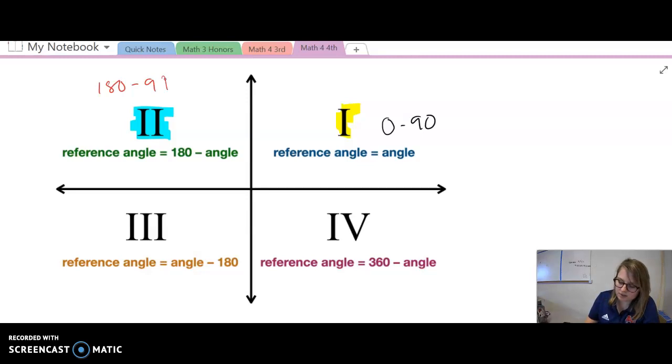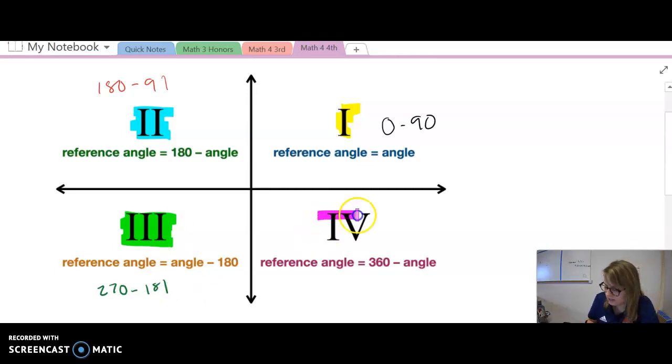And then if you have an angle in quadrant 3, the reference angle will be the angle minus 180. So if you have an angle between 270 and 181, this is the one that you're going to use.